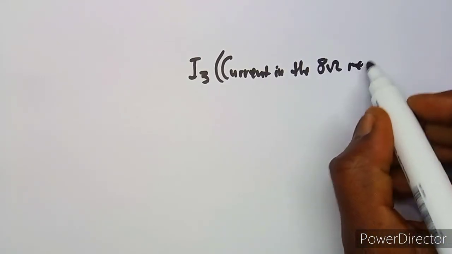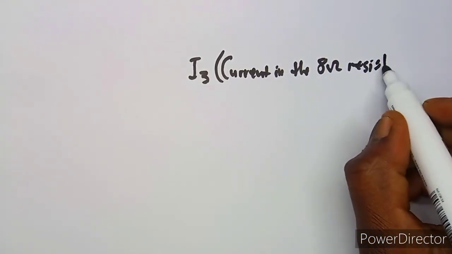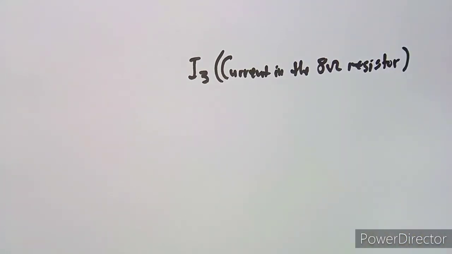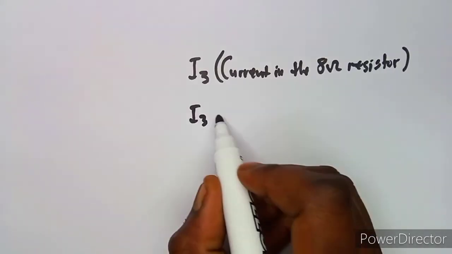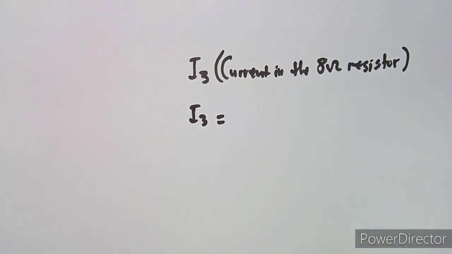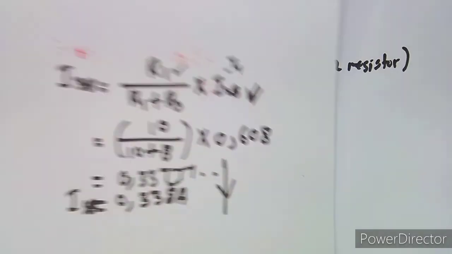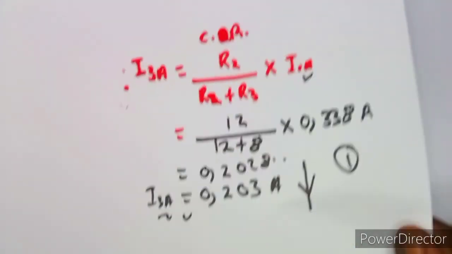right, which is the current in the 8 ohm resistor. In the 8 ohm resistor, take note guys, our question is to calculate the current that is going to flow in the 8 ohm resistor. So it is going to be the sum of the two, because they are flowing in the same direction, which is these two currents that we have here.